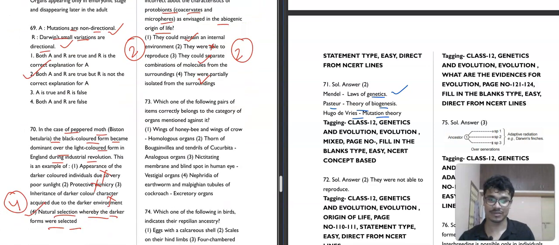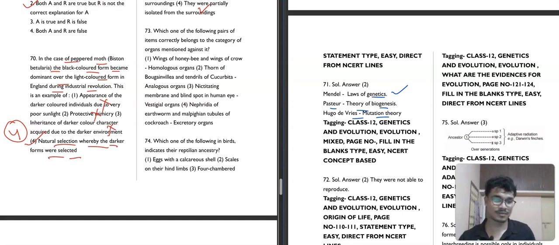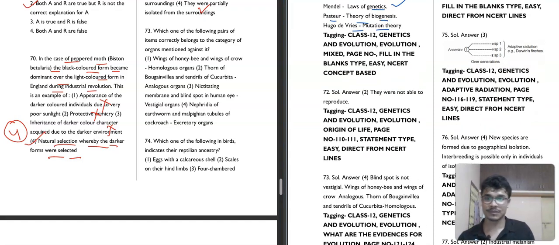Then question number 73. It is saying, which of the following pairs of items correctly belongs to the category of the organs mentioned against it? Wings of honeybee and wings of crow, homologous organ. That is not correct. And thorn of bougainvillea and tendrils of cucurbita, analogous organ. Okay, they have different origin but the same function. Nictitating membrane and blind spot in human eye, that is visual organ.